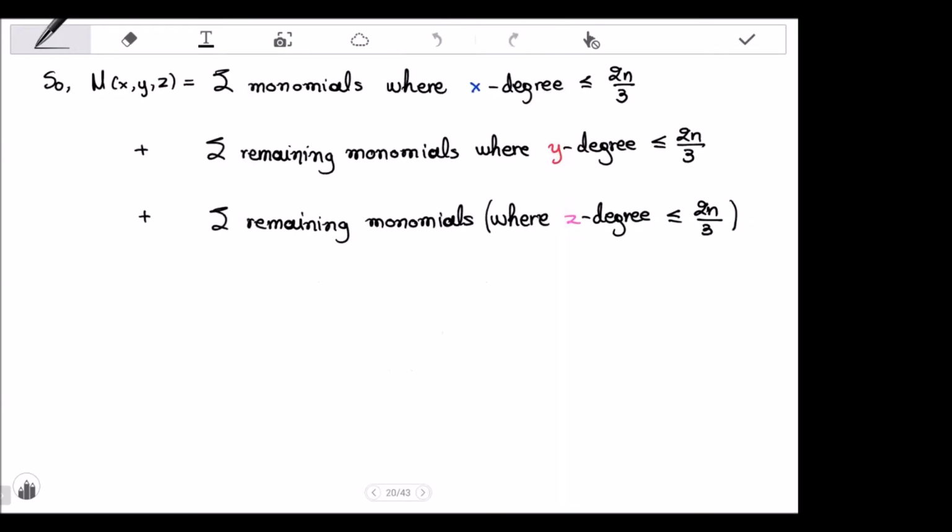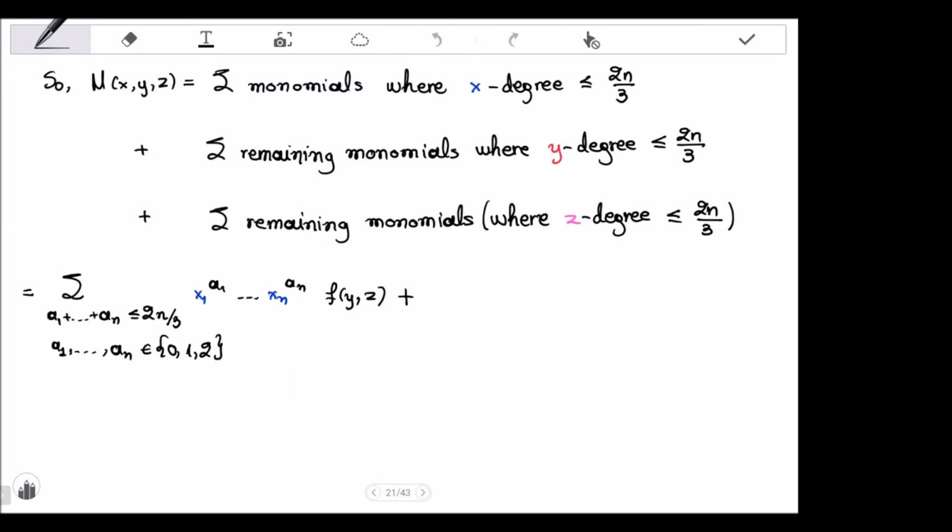So here I just wrote that: the monomials where the x degree is small. Then from the rest of the monomials, we look at those where the y degree is small. And finally, we look at the rest of the monomials where necessarily the z degree must be small. And we just write out each of these sums as the big variable x to that degree times other things that depend only on y and z. Okay.